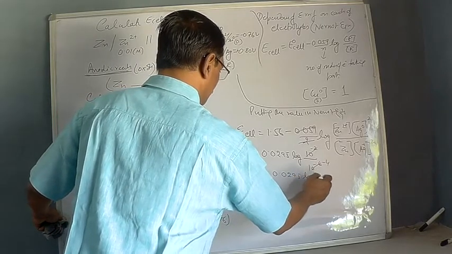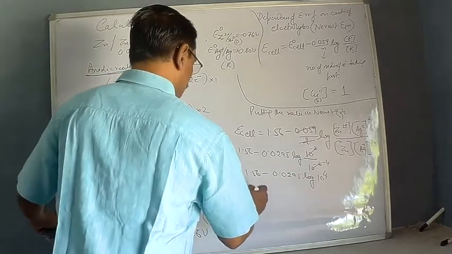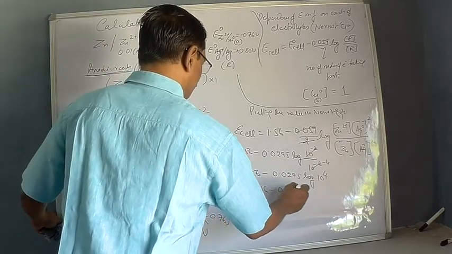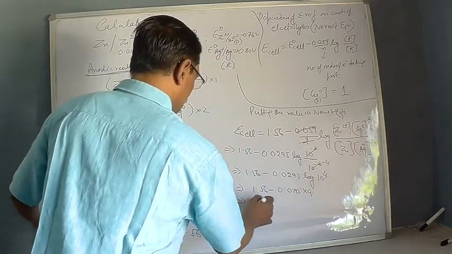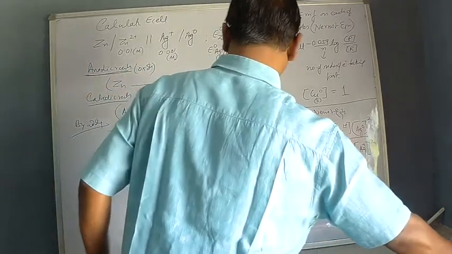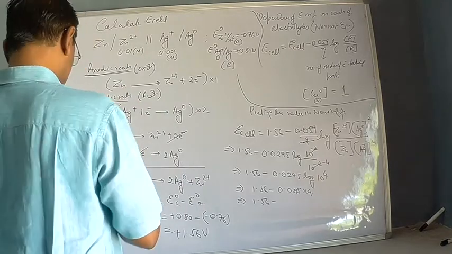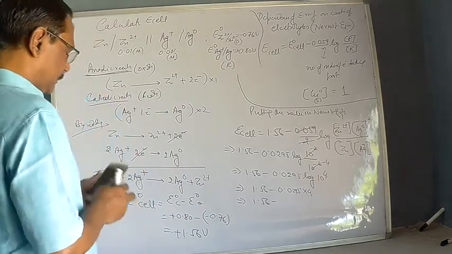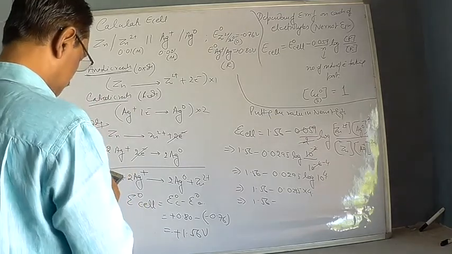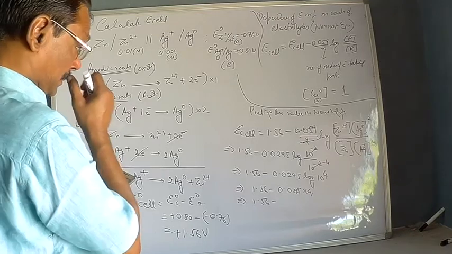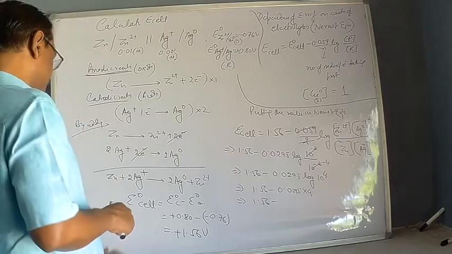Log 10 to the power 4 has value 4. So 1.56 minus 0.0295 multiplied by 4. So let's find out the value. 0.0295 multiplied by 4 gives you 0.118.